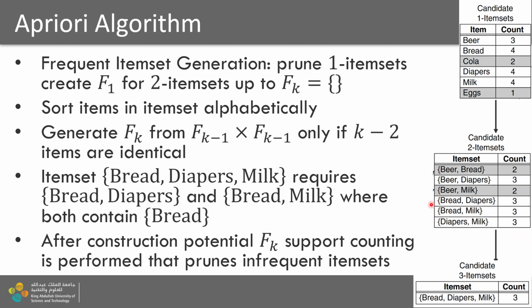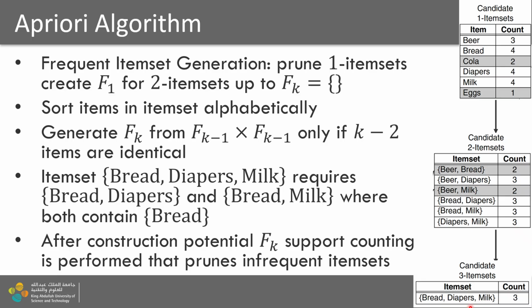And only in the case of bread and diapers and bread and milk, we have the case that they share the bread as the k-2 items. So the first item is identical, and that means that we can create a 3-item set out of it, and then nothing else, because nothing else is showing up with the first item being the same, except for these two.